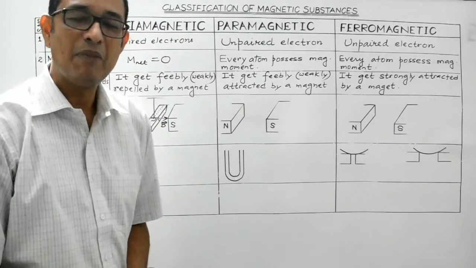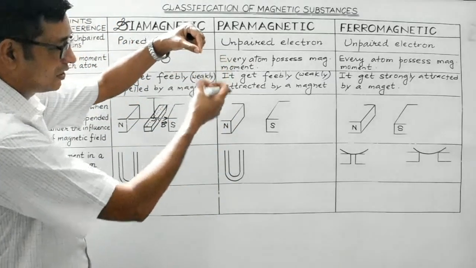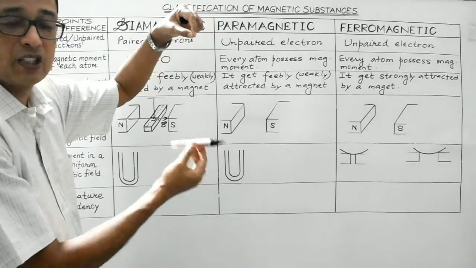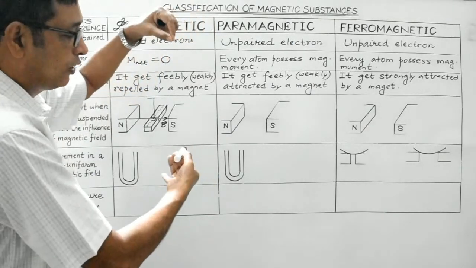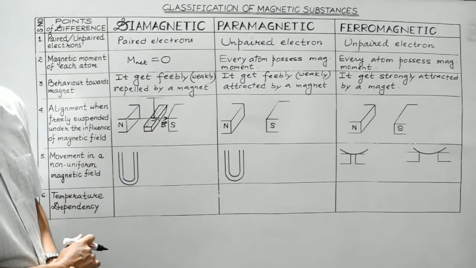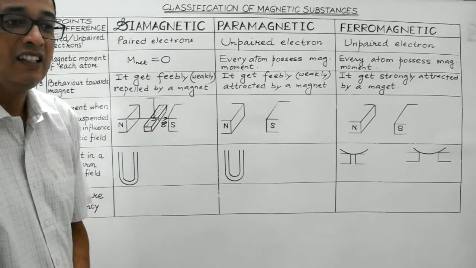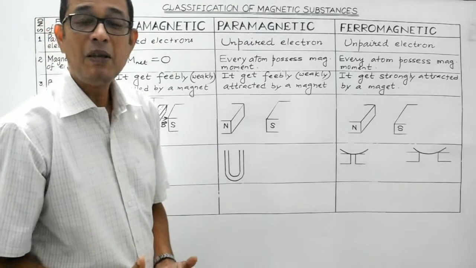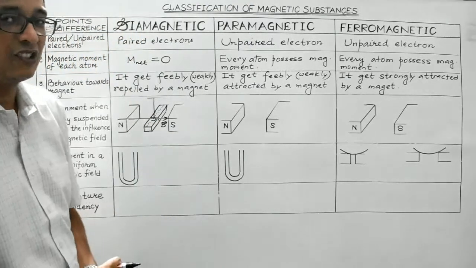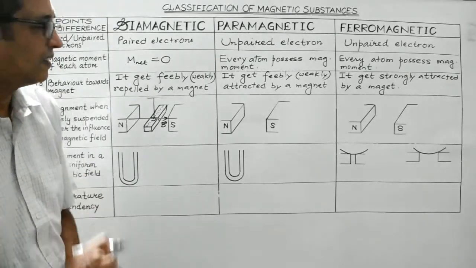So whenever a diamagnetic specimen is suspended freely, it tends to align itself perpendicular to the direction of the magnetic field. That is what is observed, because it gets feebly magnetized in a direction opposite to that of the external field. So it gets feebly repelled by a magnet.